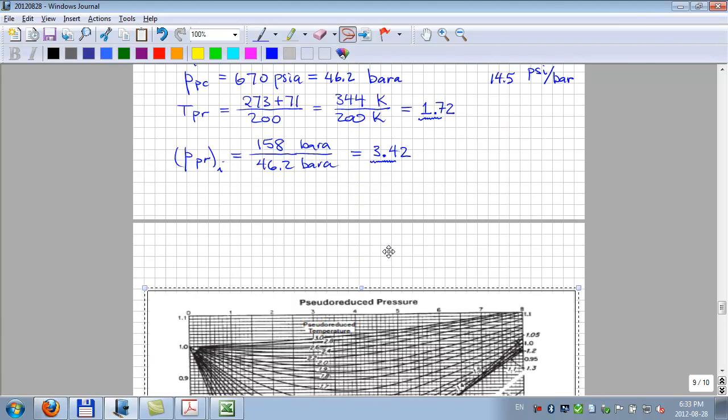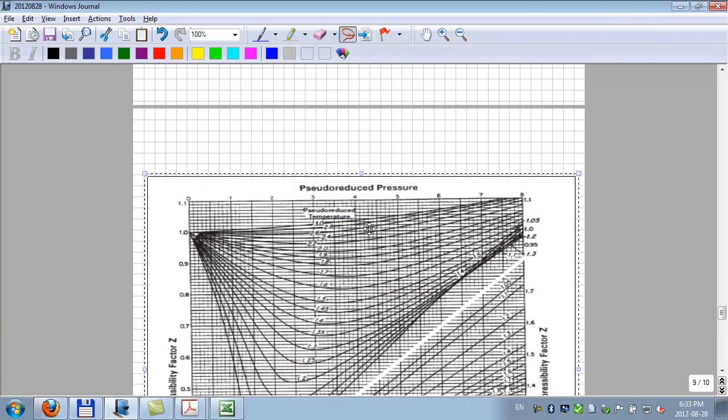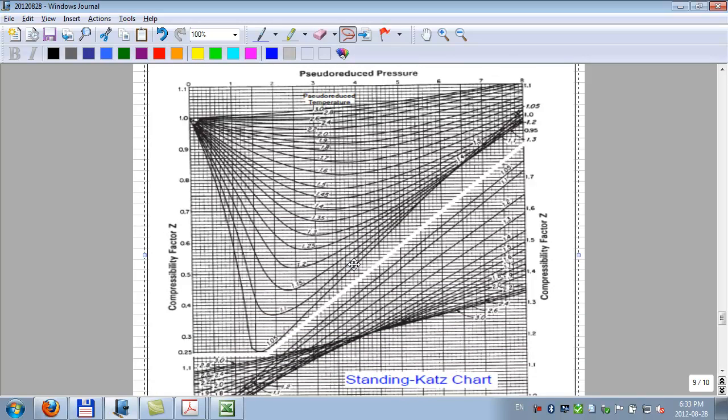It was 3.4 in pressure and 1.7. So 1.7 is this line here. And 3.4 would be right there. So pretty close to right there. And then we've got to bring that across to the left. It'd be right there. And that's pretty close to 0.85.